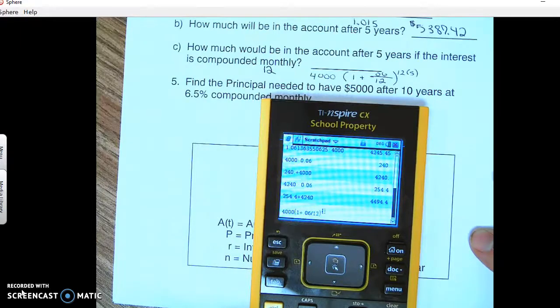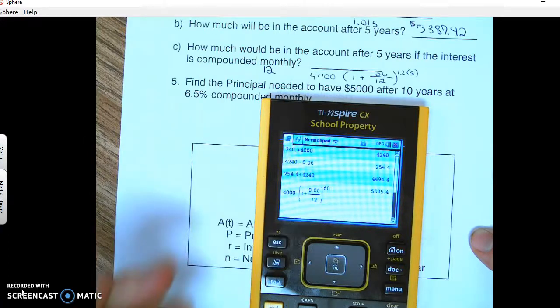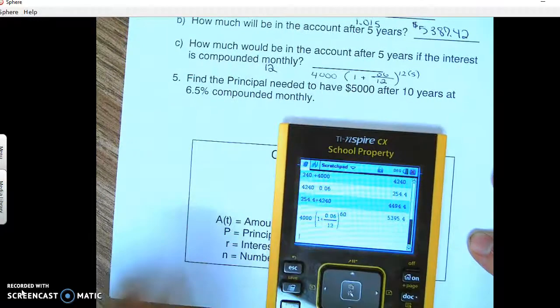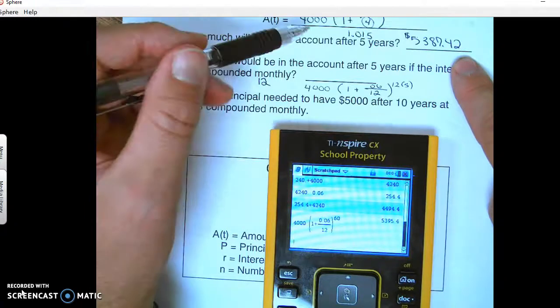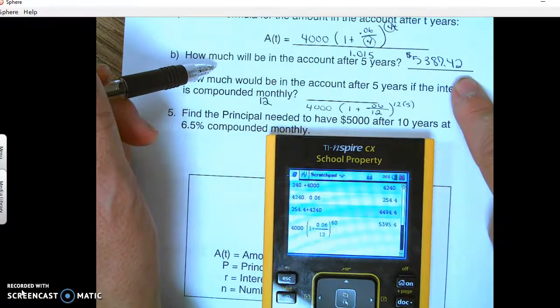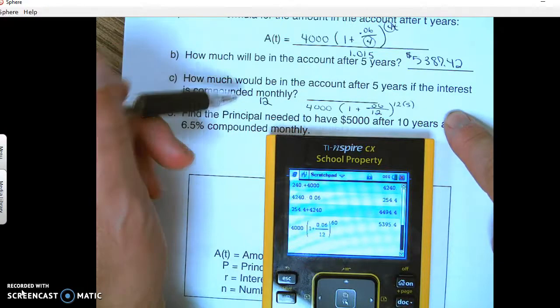Okay, raised to the 12 times 5, which is 60. All right. So $5,395.40. Notice it's a little bit more than being compounded quarterly. This was 4 times. This time was compounded 12 times.